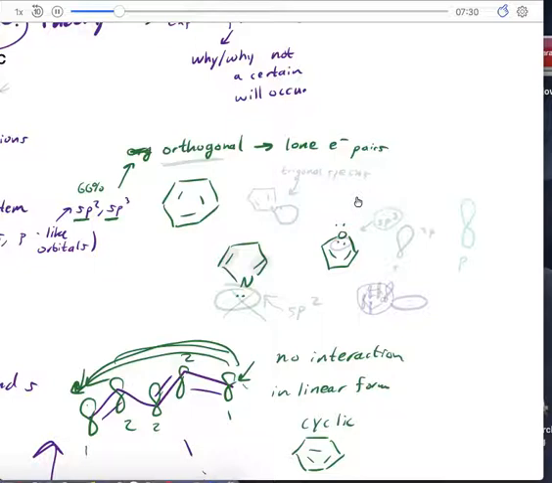So we don't just count that. For Huckel's rule over here, we don't just simply count the number of pi electrons available. We have to see if these lone electrons will play a part, so to say.